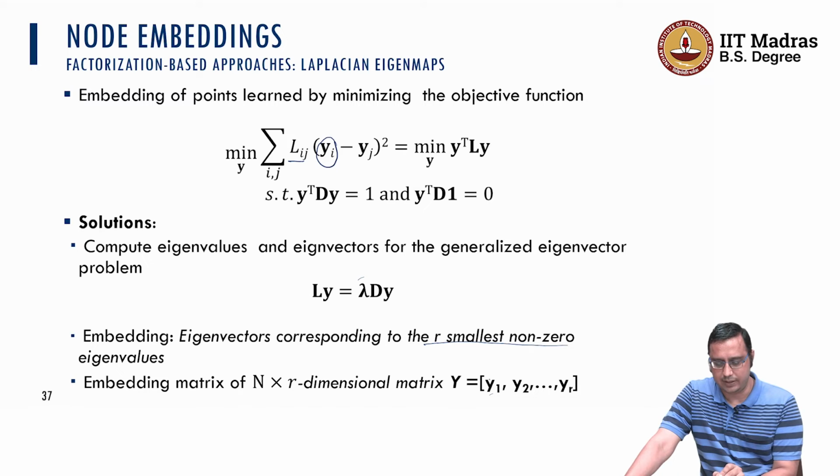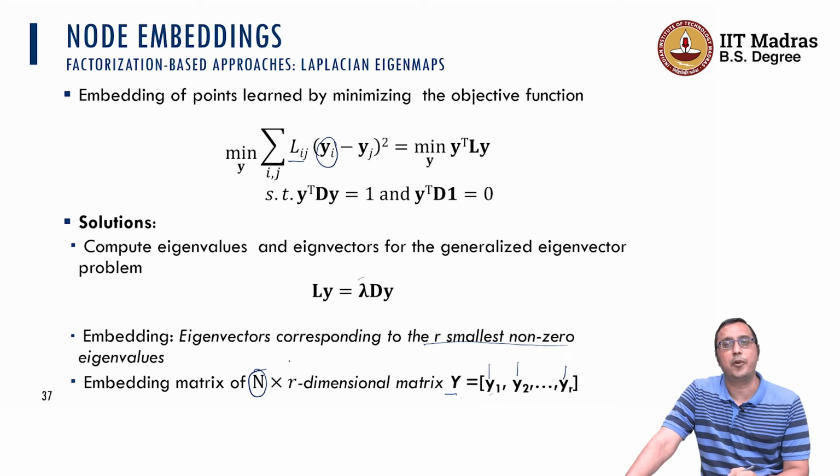So in this Y, each column has one eigenvector corresponding to each smallest non-zero value, and this Y is n cross r, where n is the number of points, and this is the lower dimensional embedding.